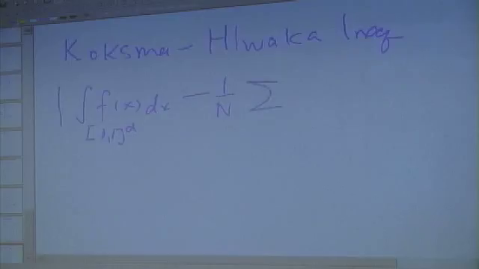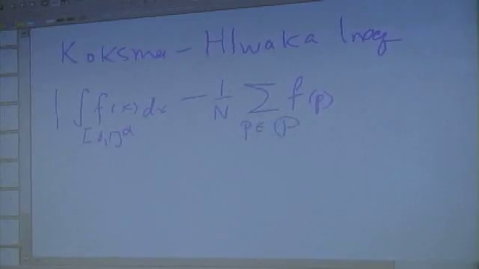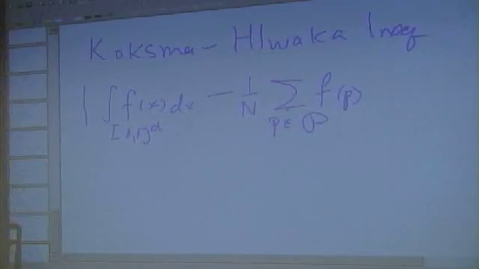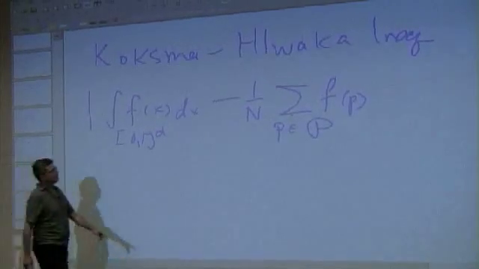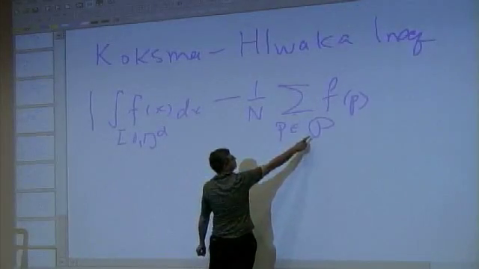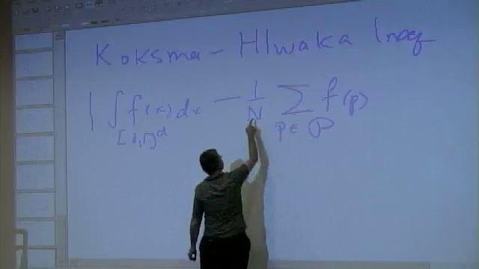So you take a collection of points inside the unit cube and just evaluate f at those points, and then divide by n, the cardinality of the collection of points P. Following the convention of the subject, the cardinality of this set is n.